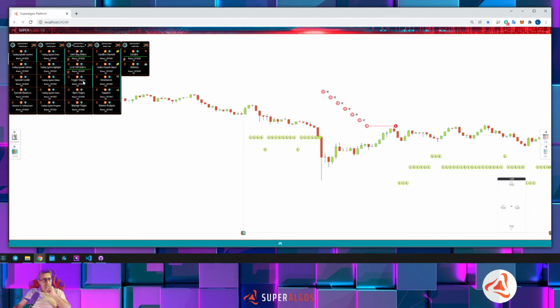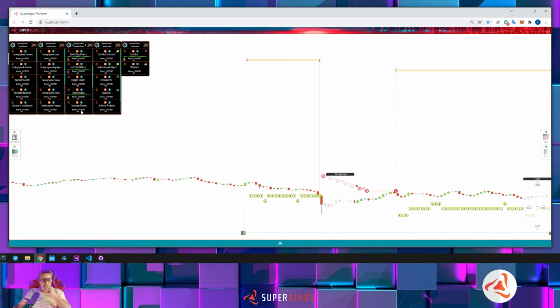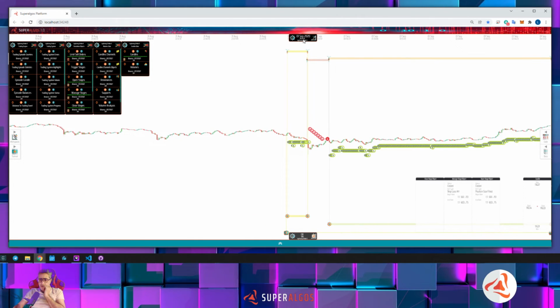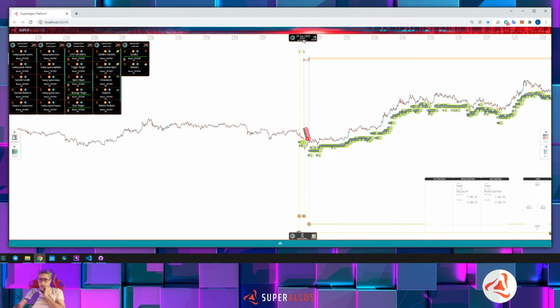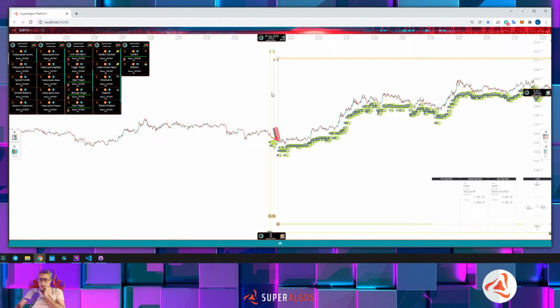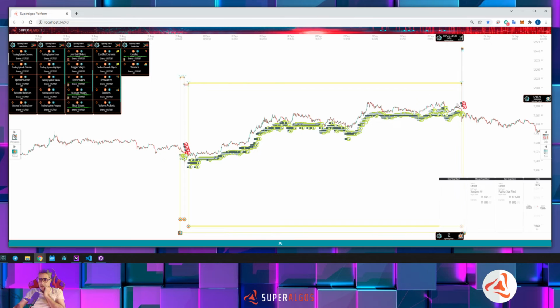So if we remove from here the trigger stage, but we put the open stage and the manage stage and the close stage, this is what we should see. And of course, after a whole day, at some point it happens again. Okay, so this is the situation there.